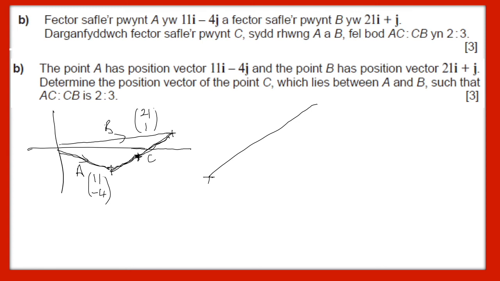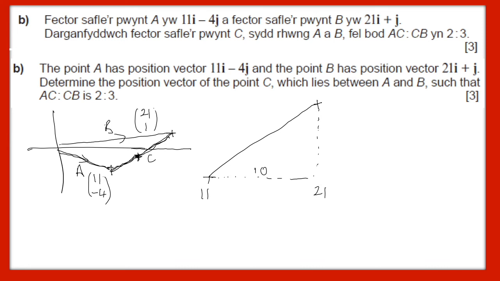So if my point A is at 11, minus 4, because that's where my vector takes me, and my B is at 21, 1, then if I put in the movements vertically and horizontally, if I go from 11 across to 21, clearly I'm going across 10.